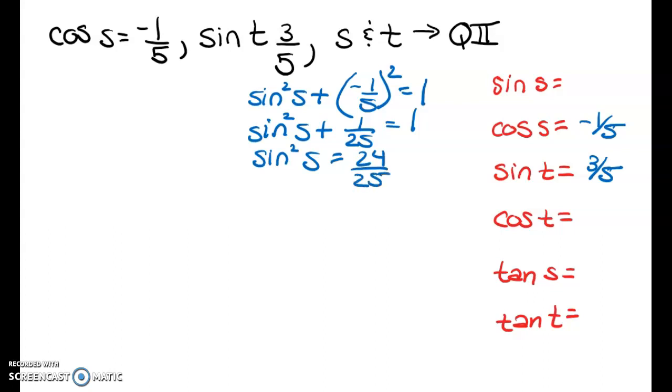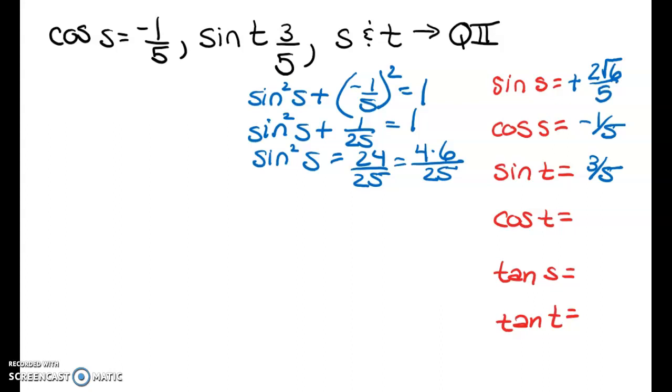So when we take that square root, okay, so what perfect square goes into 24? Well, it's going to be 4 times 6 and then over 25. So when we take that square root, this is a Q2 angle. Sine should be positive in Q2. So I'm going to get 2 square root of 6 over 5.